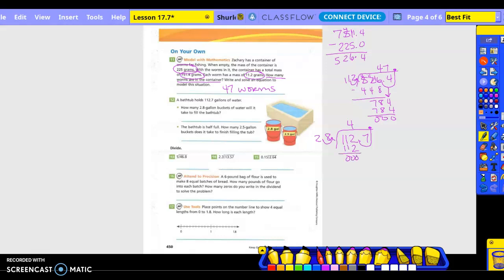Nothing left over. So I bring down my 7. Does 28 go into 7? No. 28 times 0 is 0. Put the 7 on the 0. 7, add a 0, bring it down. 28 into 70. 3 times.